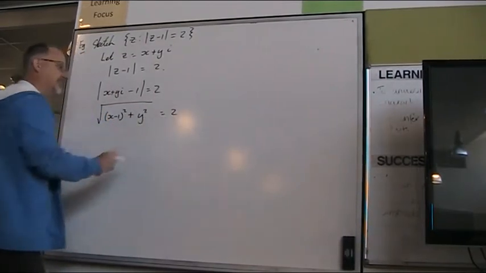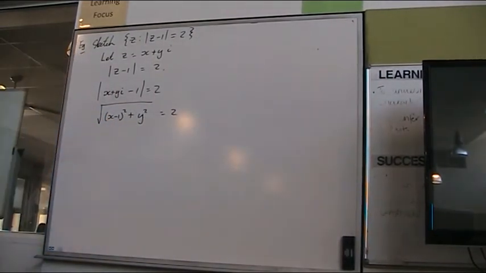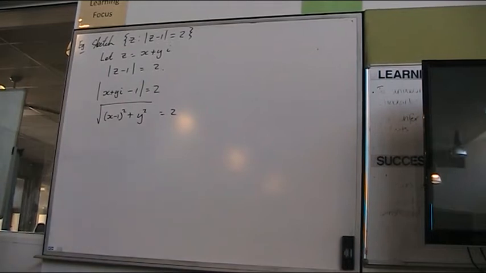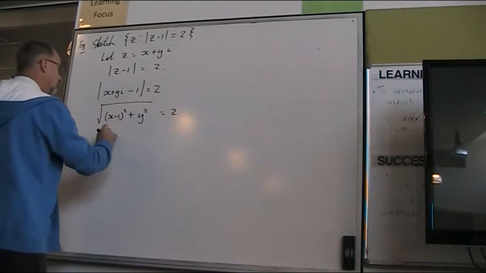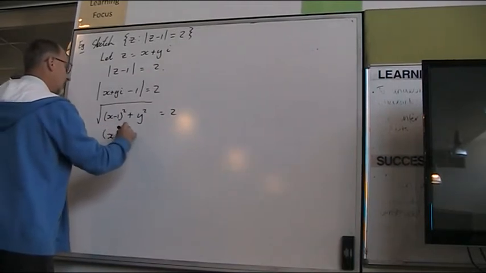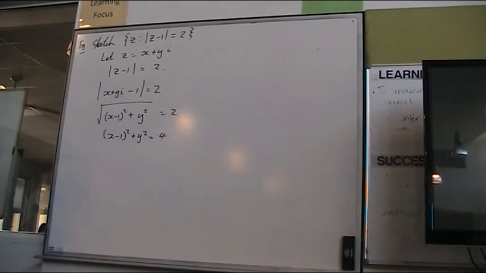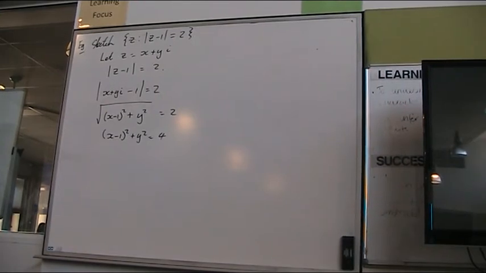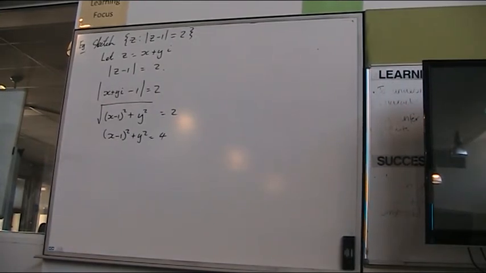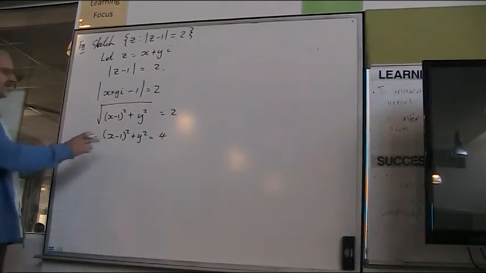That equals 2. And to get rid of that square root, I would square both sides. x minus 1 squared plus y squared equals 4. And that is a circle. Of course it's a circle.